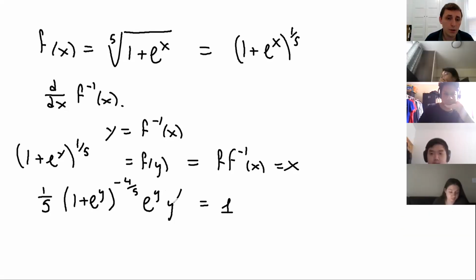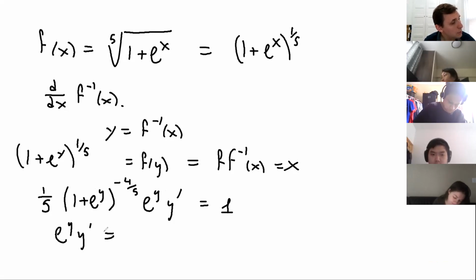Now, what's the result? Now, I can see that I'm going to multiply everything here. First of all, I'll multiply everything by 5 and the reverse of that. So I will see, for instance, e to the y prime equal to 5, 1 plus e to the y to the power of 4/5. Agreed?